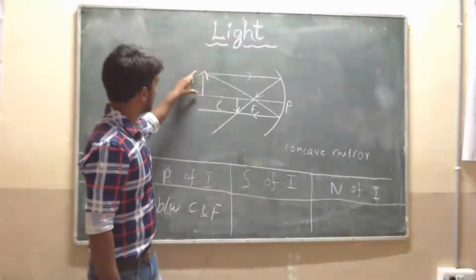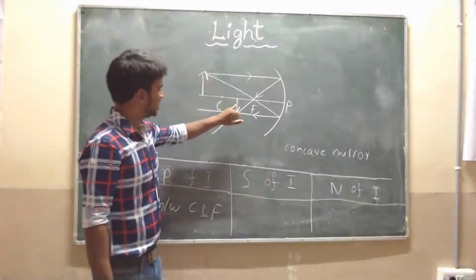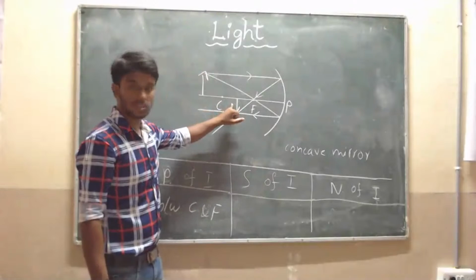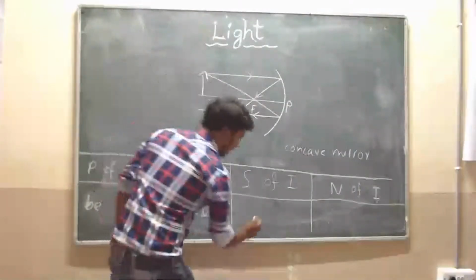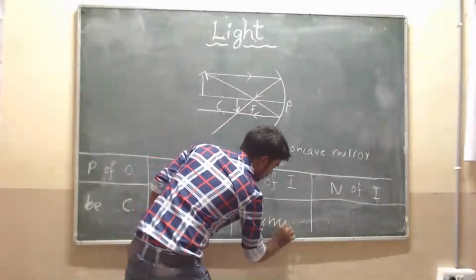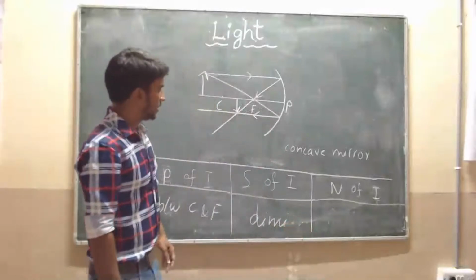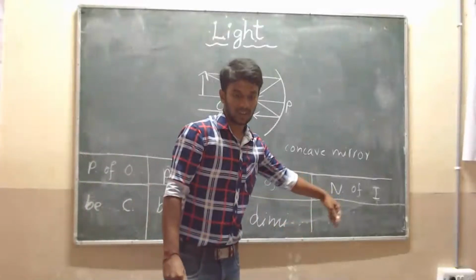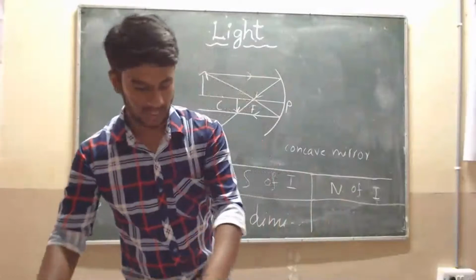Then what about the size of the image? Just compare the size of the object and the size of the image. This is a little bit small, right? So we call this diminution. Diminished. And what is the nature of the image? Okay, we'll check here whether the image is real or virtual.